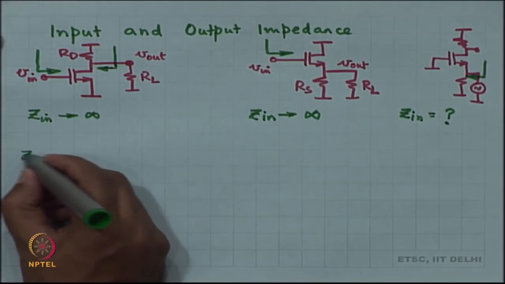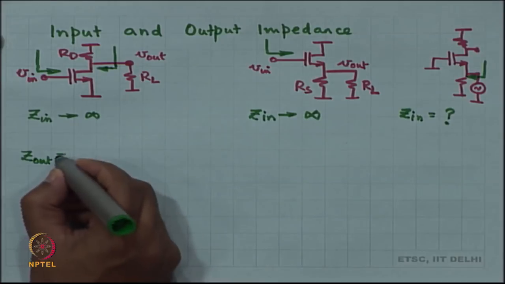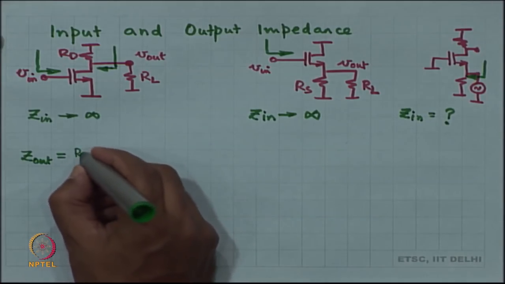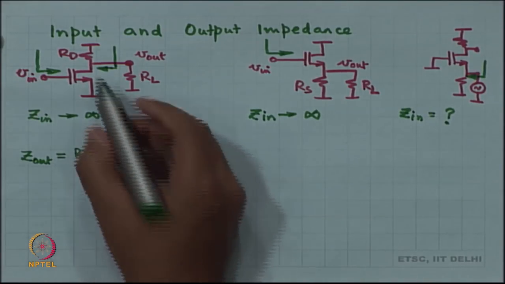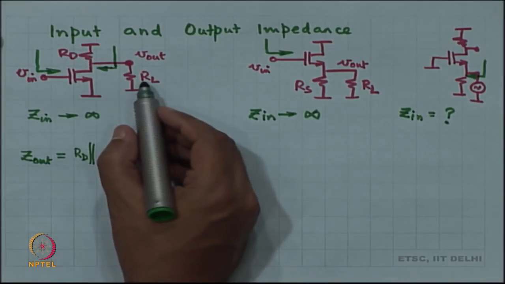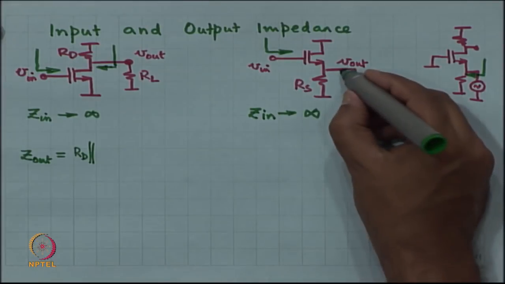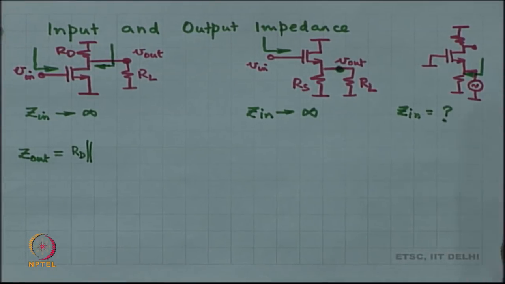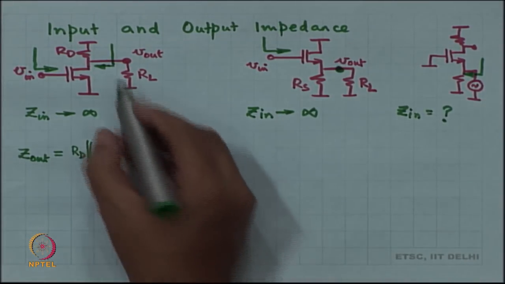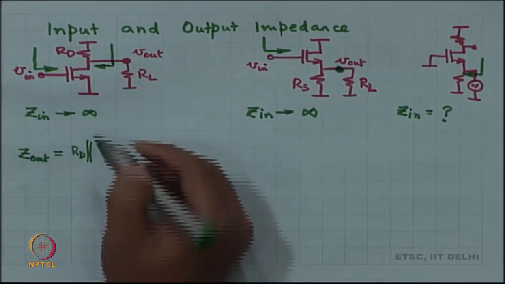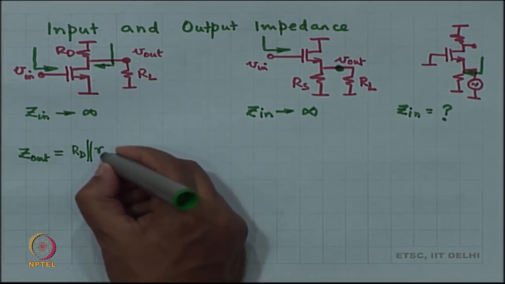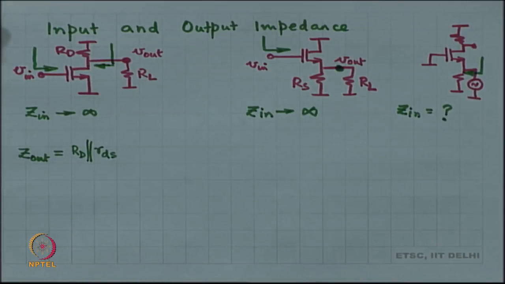So, Z out is nothing but RD in parallel with, okay, RL, let us say RL is outside, right, the load is outside the circuit. So, it is RD in parallel with whatever you see looking down. So, it is RD in parallel with RDS.